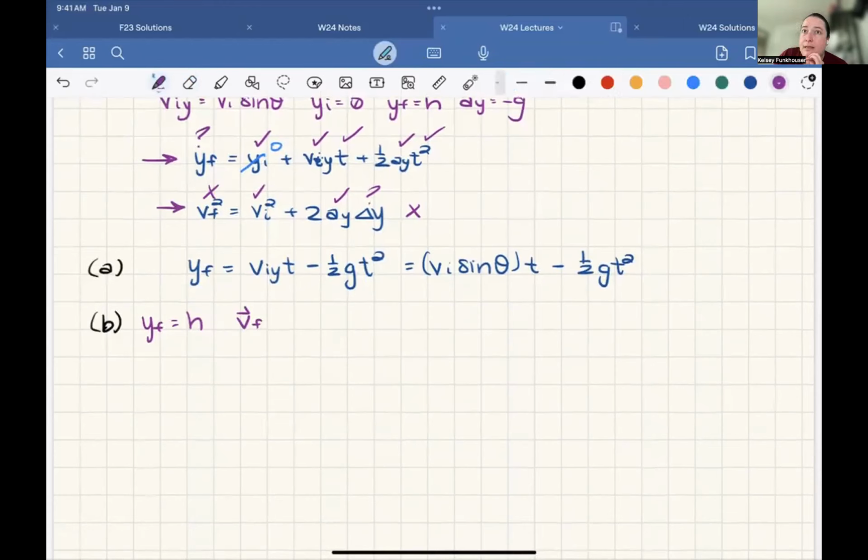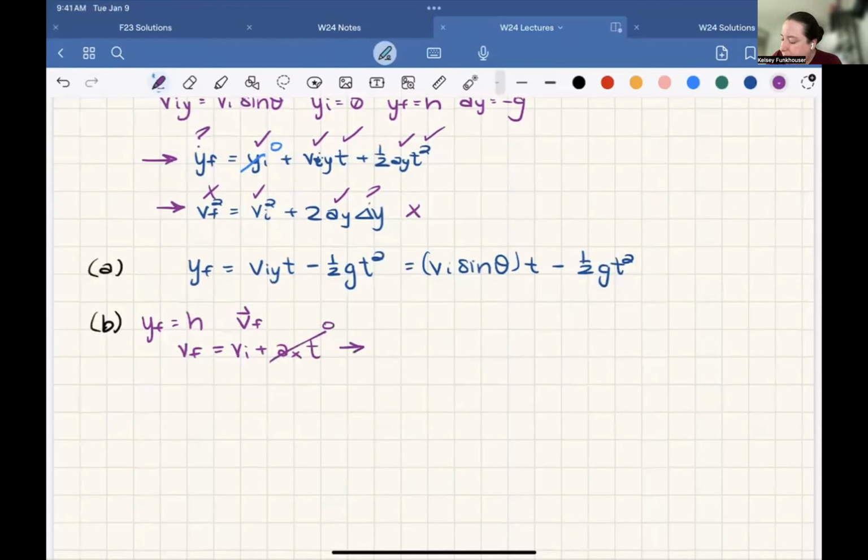And this time we are going to use, at least for x, this equation: v final equals v initial plus the acceleration in x times the time. Well, it doesn't really matter for x, but we don't know the range at this point, so I wouldn't want to use the other equation. But again, this is 0.